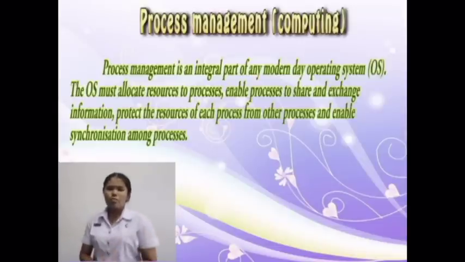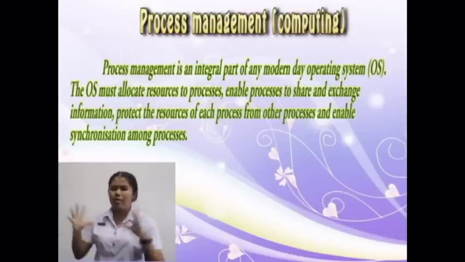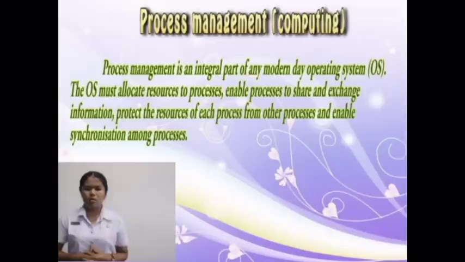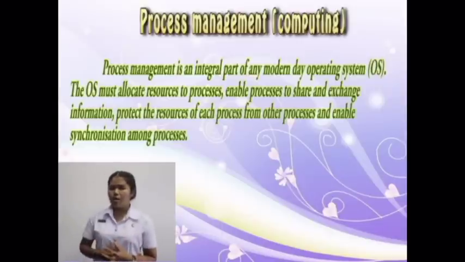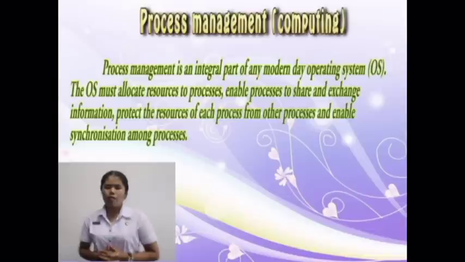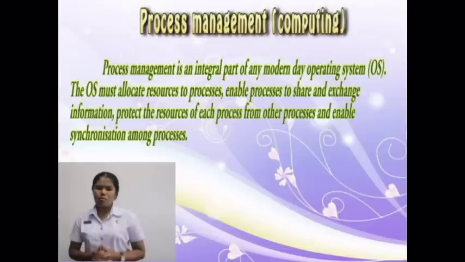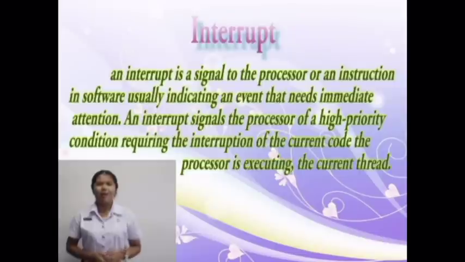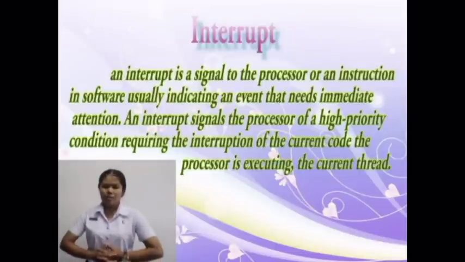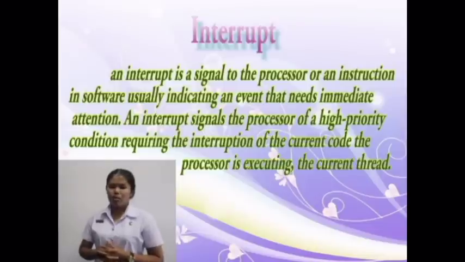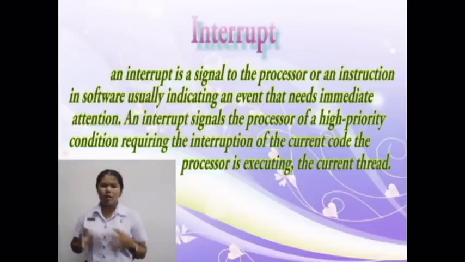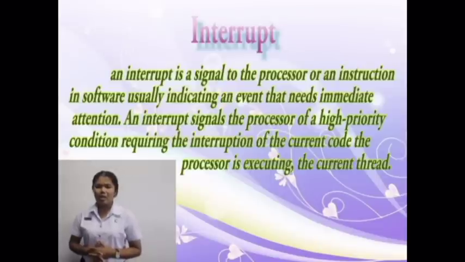The OS must allocate resources to processes, enable processes to share and exchange information, protect the resources of each process from other processes, and enable synchronization among processes. An interrupt is a signal to the processor, or an instruction in software, usually indicating an event that needs immediate attention.